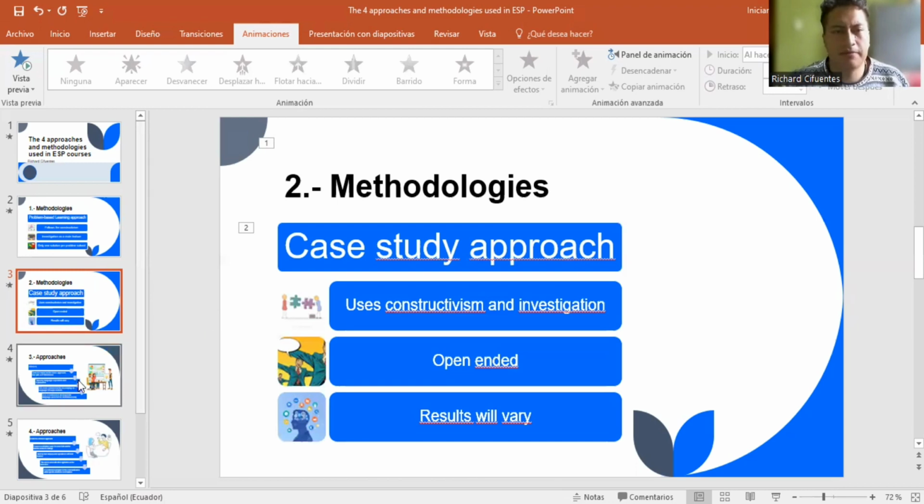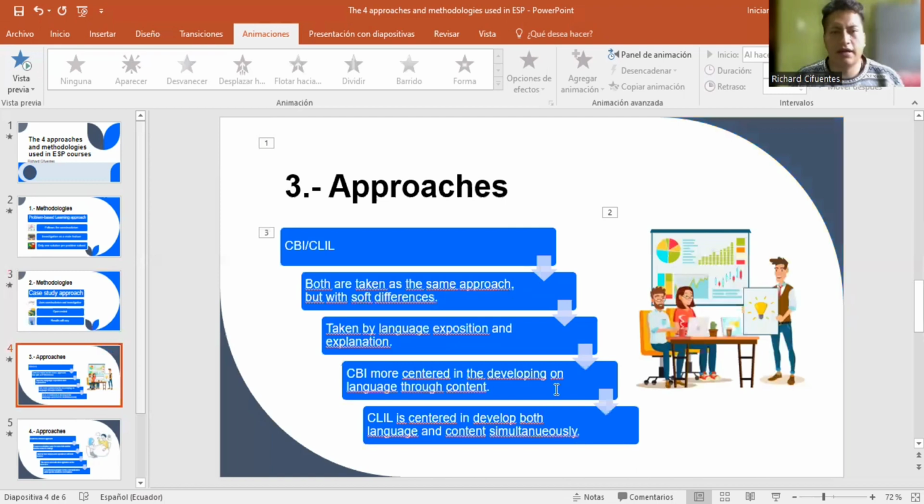Approach number three is CBI and CLIL, okay? Those are quite similar. The difference between them is only in the way that the content is received, but in most cases, it's the exposure to content from another subject to improve English. CBI is more related to the development of language through content, okay?